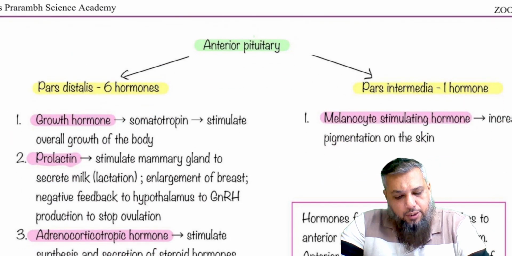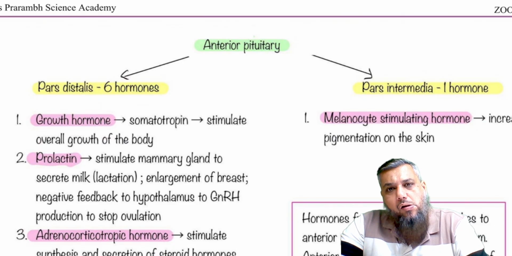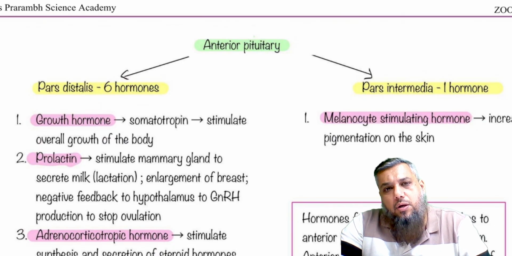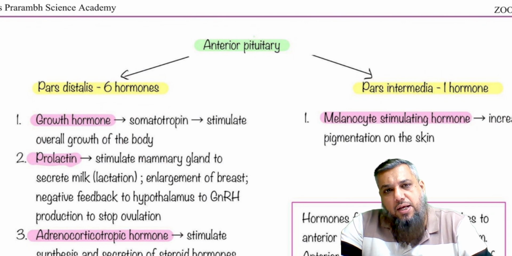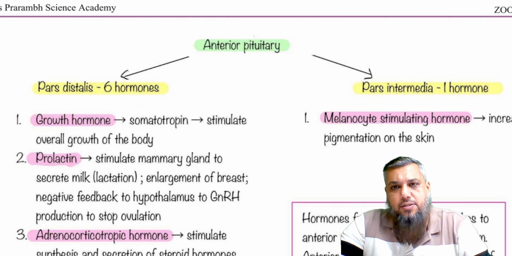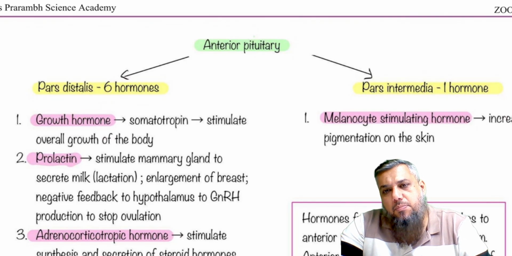The anterior pituitary consists of the pars distalis and the pars intermedia. In the case of human beings, the pars intermedia is merged with the pars distalis.